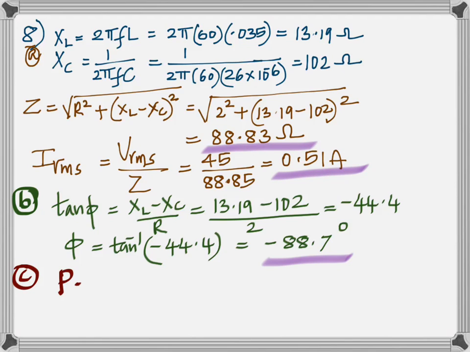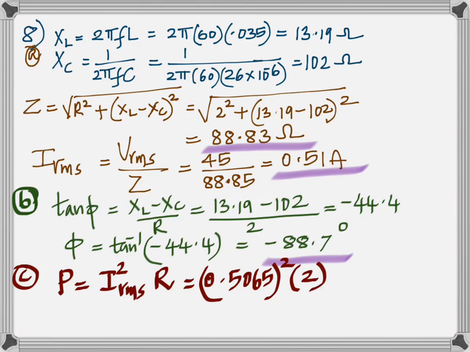Get us negative 88.7 degrees. And finally, power, average power is I squared RMS times R. 0.51 watts. Okay.